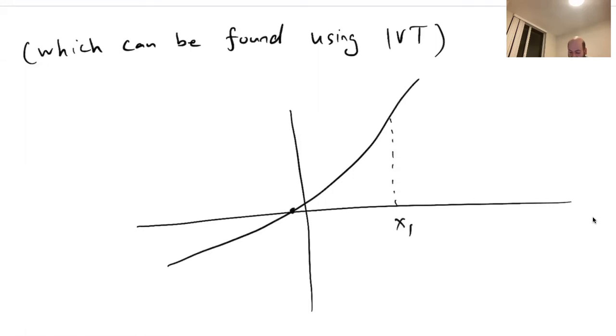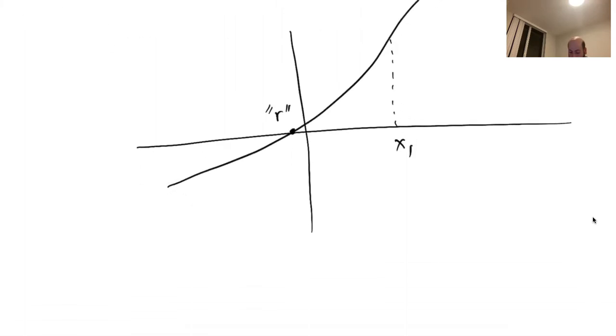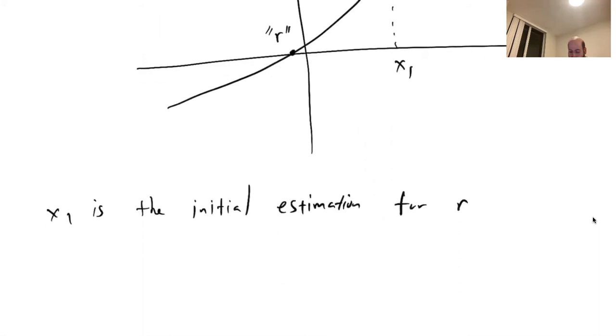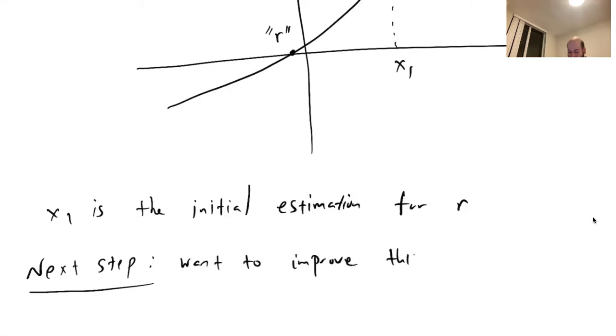This is my root here, let's call it R. x1 is the initial estimation for R. Now, in the next step, we want to have a better estimation. Next step, we want to improve this estimation. How can I improve it?